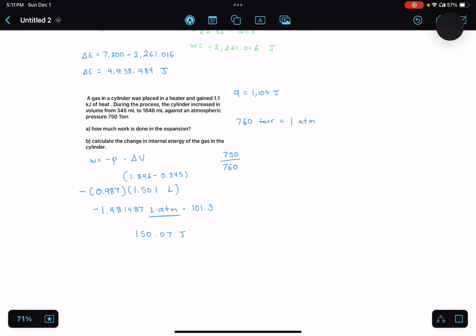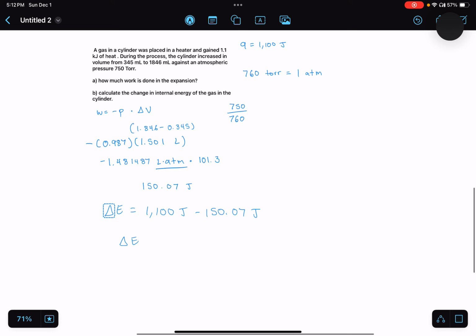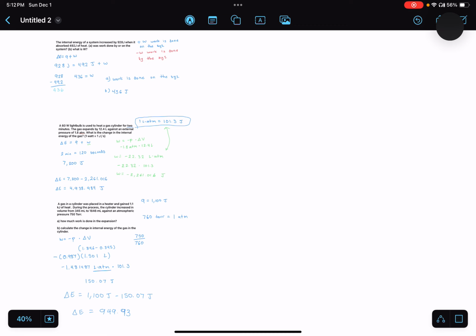So delta E equals 1,100 joules minus 150.07 joules. Then delta E is equal to 949.93. There you go. Quick little overview. Hopefully you can take a screenshot and zoom in on everything.